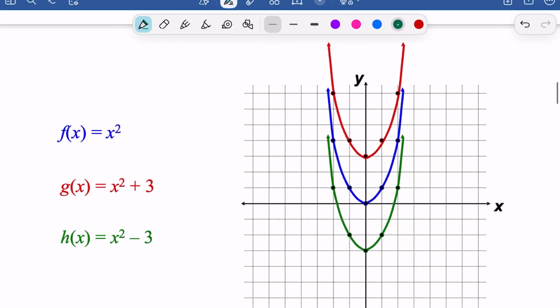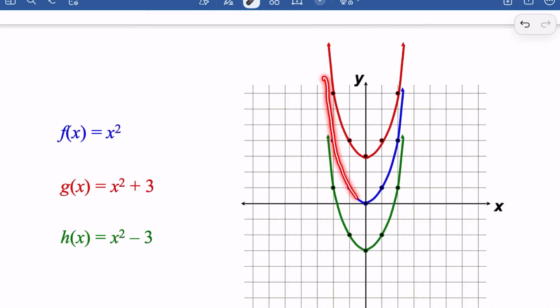If we look at these examples, we've got the blue one, which is right here. That is my basic parent function, x squared. You can see my vertex right here at 0, 0, facing up, and then I have this axis of symmetry going right through here at x equals 0.